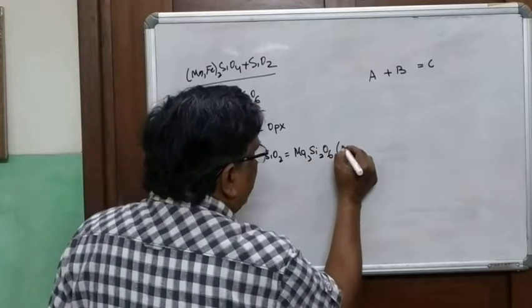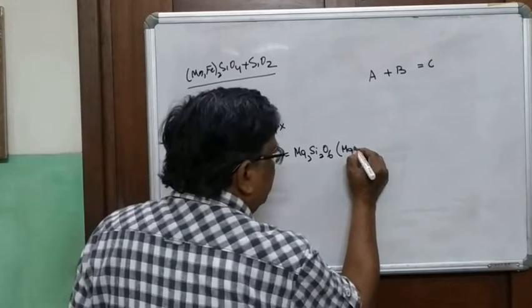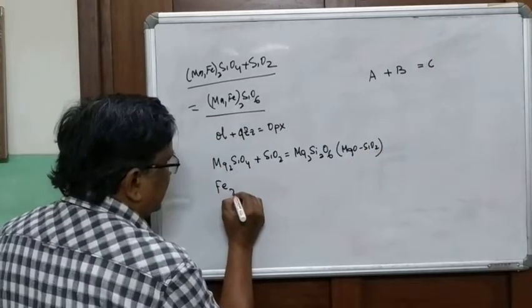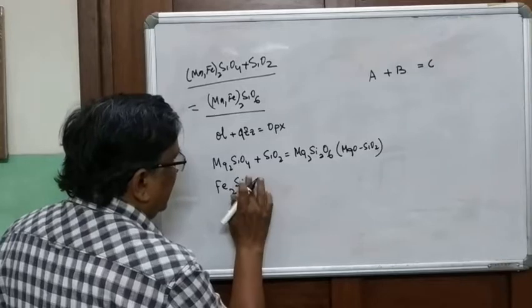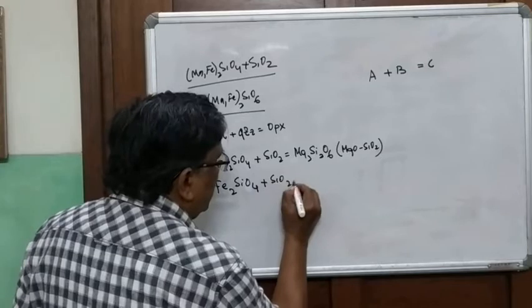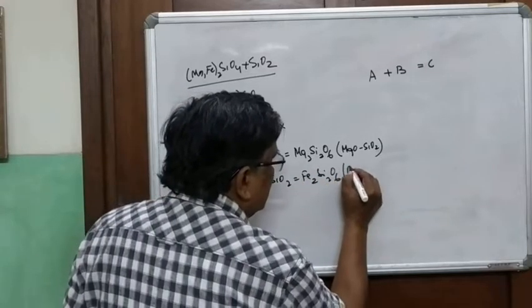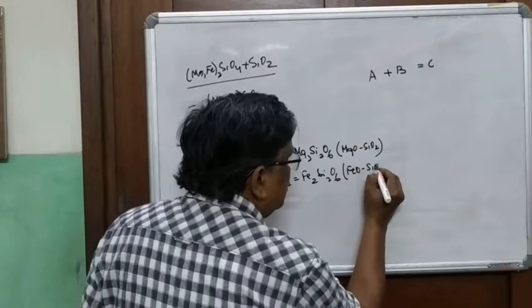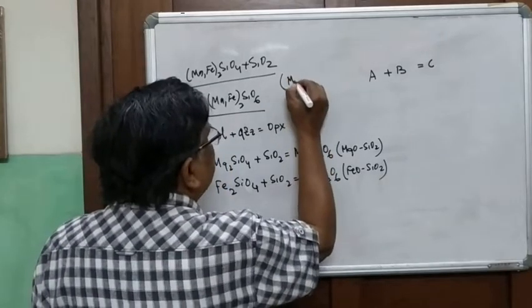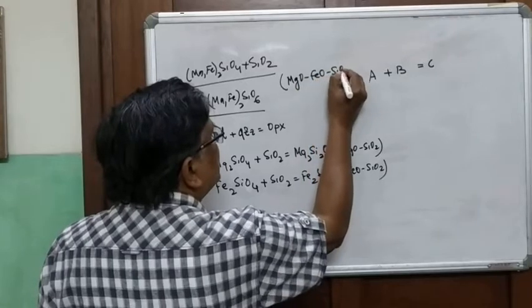So this is the MgO-SiO2 end member, or you could write this reaction as Fe2SiO4 plus SiO2 is equal to Fe2Si2O6, and this is the FeO-SiO2 system.